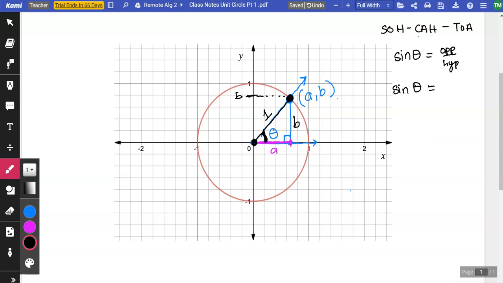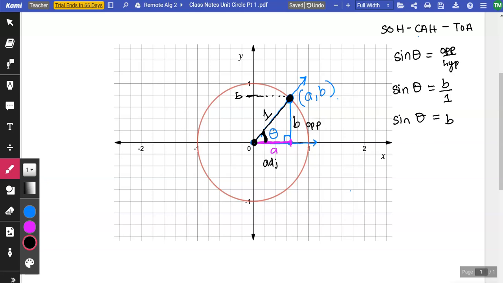So then that makes B the opposite side and A the adjacent side, or the attached side to the angle. So the sine of theta is the opposite, which is B, over the hypotenuse, which is 1. So that means the sine of theta is equal to B divided by 1, which is simply B.